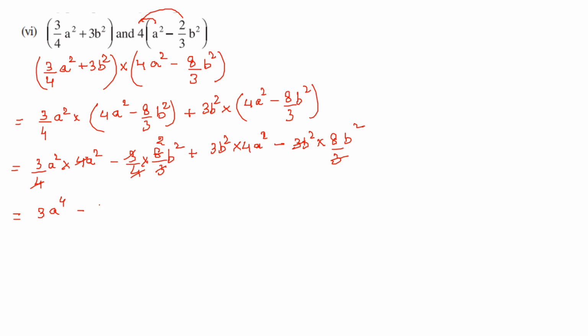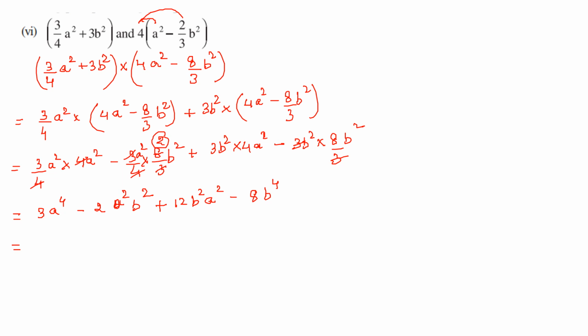Then it will be 2, sorry, here a square is also there. So it will be 2a square b square. And then next will be 4 threes are 12 b square a square minus 8 b to the power 4. B square and b square will become b raised to the power 4.